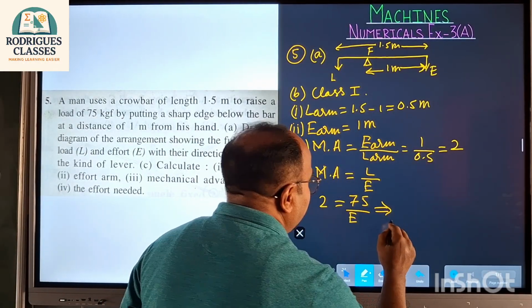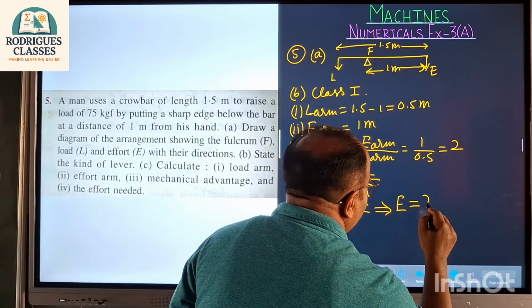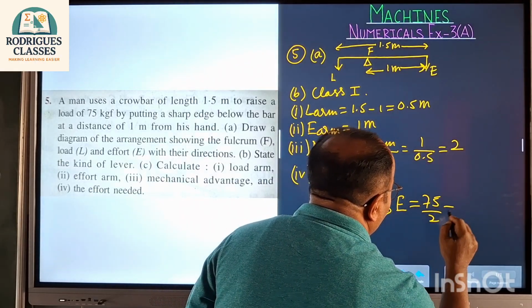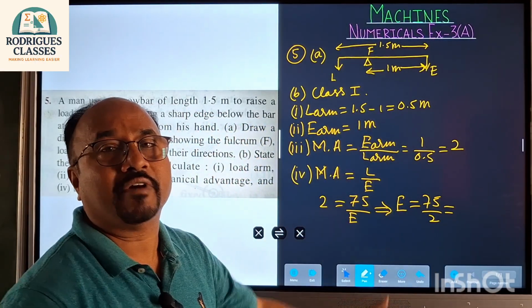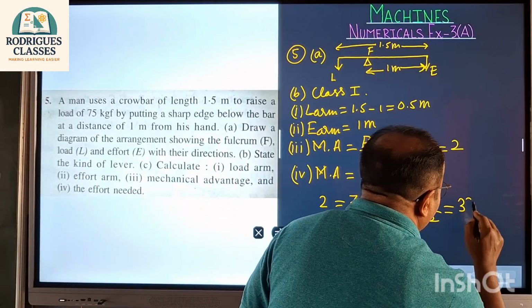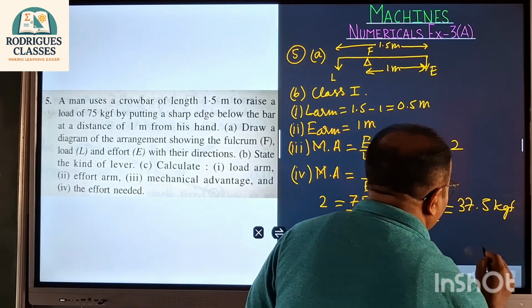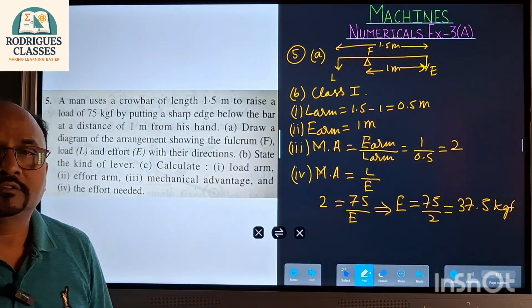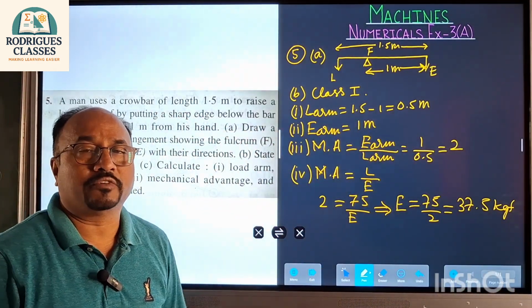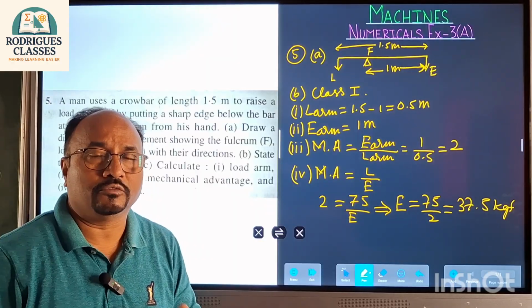So I can write now effort is equal to 75 by 2, and 75 divided by 2 you get as 37.5 kgf. That is your answer. So various things were asked, but it was very easy. Step by step, if you do, you easily get it.